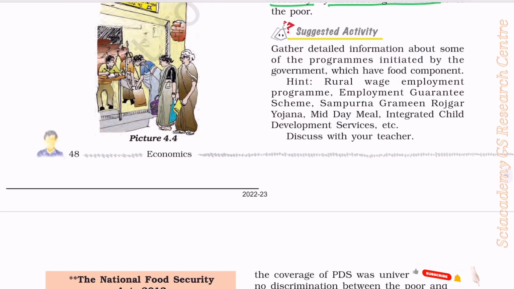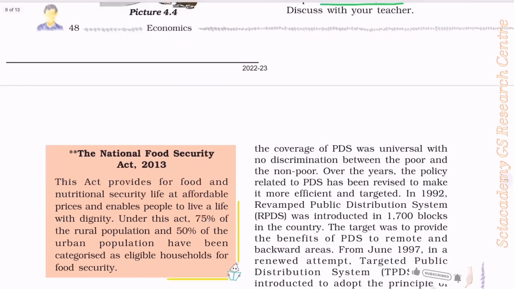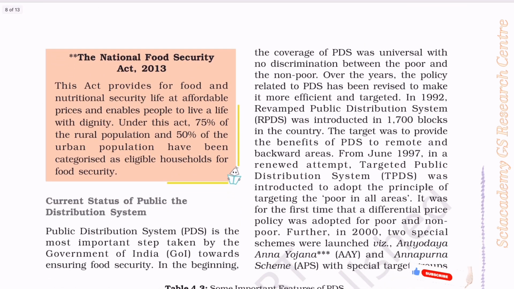Suggested activity: gather detailed information about some of the programs initiated by the government which have food component. Rural Wage Employment Program, Employment Guarantee Schemes, Sampurna Gramin Rozgar Yojana, Midday Meal, Integrated Child Development Services, etc. Discuss with your teacher. The National Food Security Act 2013.